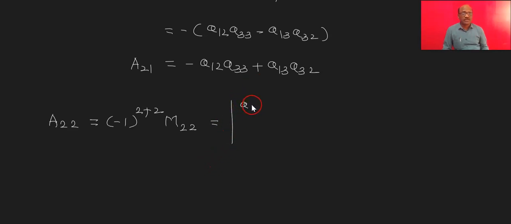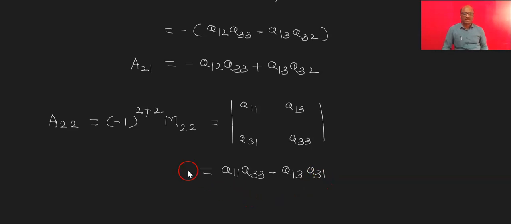Therefore here is a11, a13, next is a31 and a33. Now their product: a11 a33 minus a13 a31. This is the value of A22.